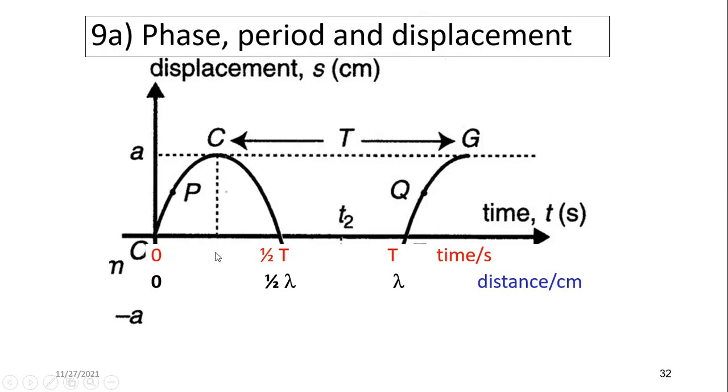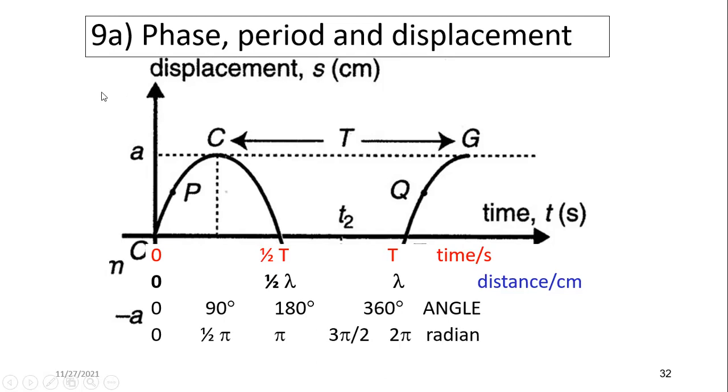In terms of angle, this is 0, this is 90, this is 180, this is 360. You should be able to convert flexibly in your mind. Or read in terms of radian, which we'll be using rather than degree. This is half pi, this is pi, this is 3 pi over 2, this is 2 pi. 360 is 2 pi, and 3 pi over 2 in the middle there is 270 degrees.